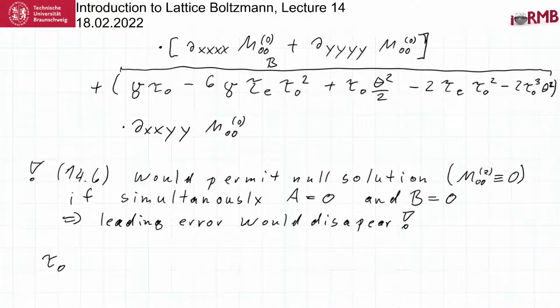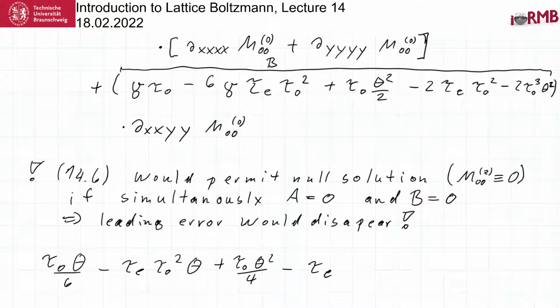So tau odd times theta divided by 6 minus tau even, tau odd square times theta plus tau odd times theta square divided by 4 minus tau even times tau odd square, and this theta square minus tau odd cube theta square.